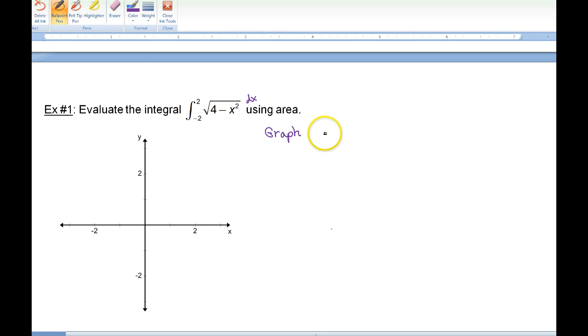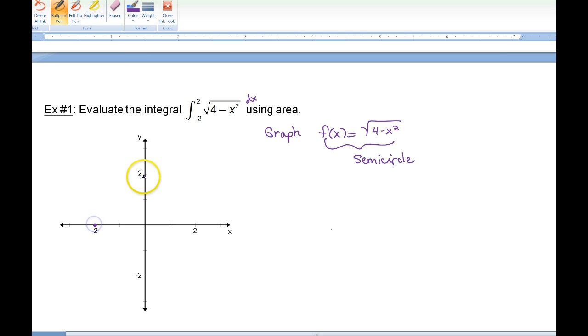So I'm going to graph this here, the square root of 4 minus x squared. This actually looks like a semicircle, if you recall from the beginning of the year when we did some review. If you're not sure, you can graph it on your calculator.